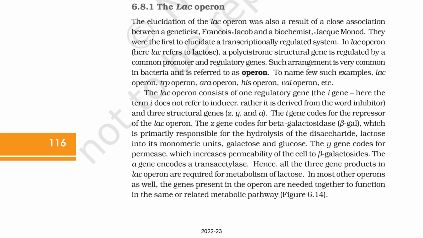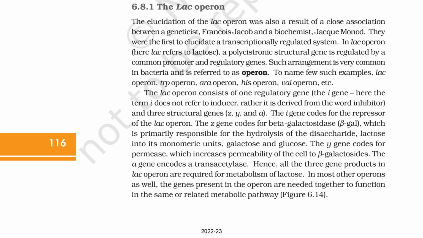The Lac operon. The elucidation of the Lac operon was also a result of a close association between a geneticist, Francois Jacob, and a biochemist, Jacques Monod. They were the first to elucidate a transcriptionally regulated system. In the Lac operon, here Lac refers to lactose, a polycistronic structural gene is regulated by a common promoter and regulatory genes.